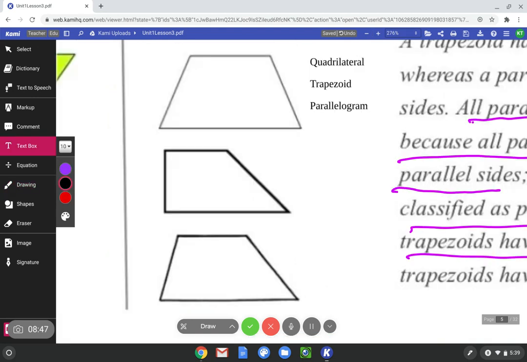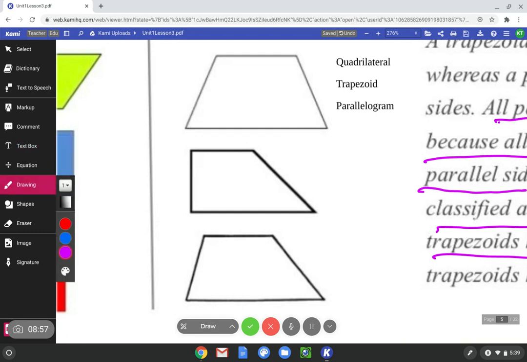One of the concepts that I noticed was common in the exit tickets that y'all turned in was that a lot of people thought that a trapezoid could only look like this one. That's not true. All of these shapes are trapezoids. Remember, any shape is a trapezoid as long as it has 4 sides and at least 1 pair of parallel lines.